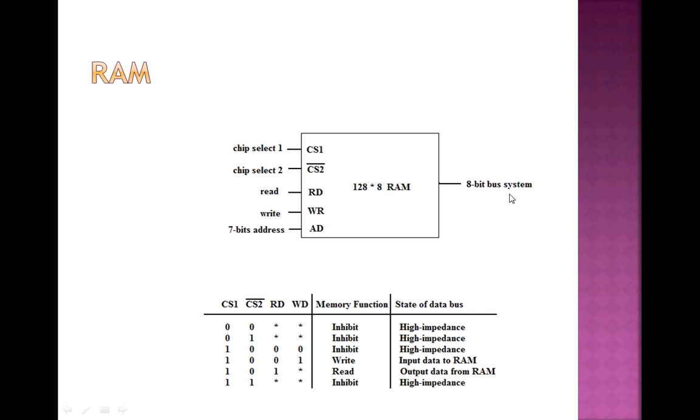This contains an 8-bit bus system. This is the RAM chip. Then next one is your table that shows multiple combinations, that is CS1, CS2. These are the bits available. These are the read and write operations. And this is the memory function and this is the state of the data bus.